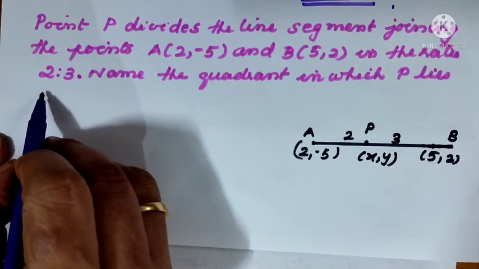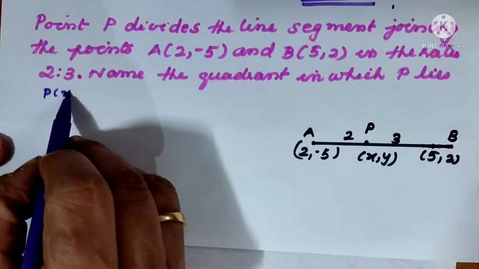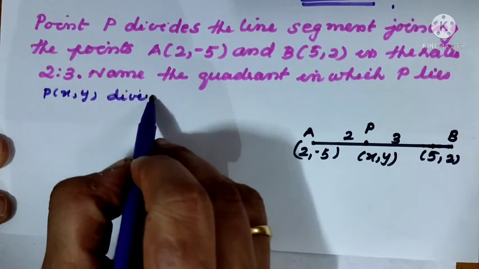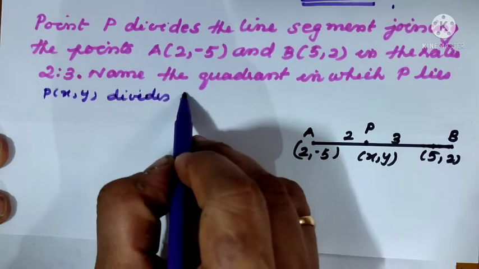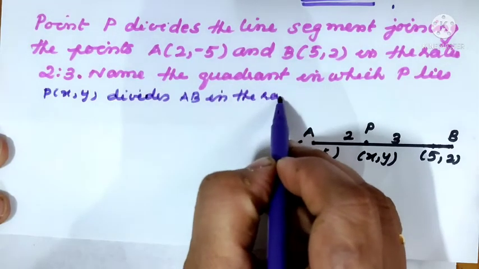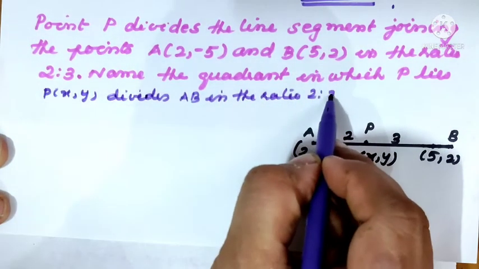So we'll write here P(x, y) divides AB in the ratio 2:3.